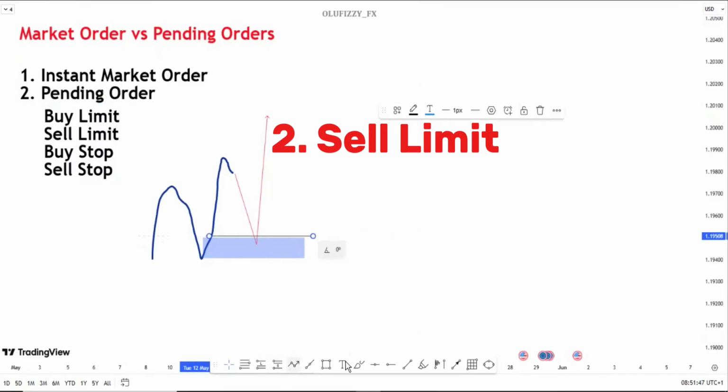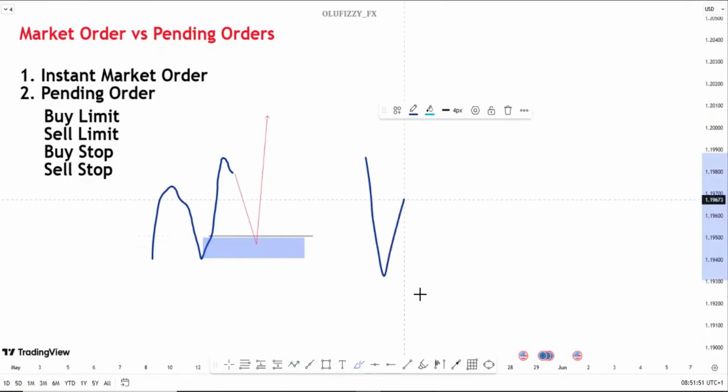So let's say price is in a downtrend. There is the current market price, but you don't want to sell at this particular region. You want price to go up to the upside before it sells. In that case, that is where you will use a sell limit.